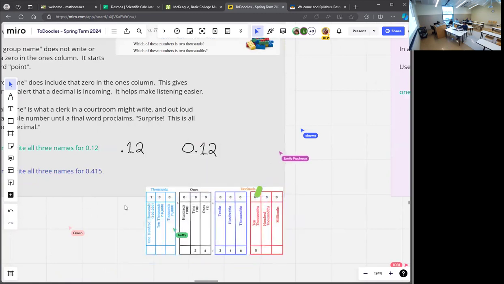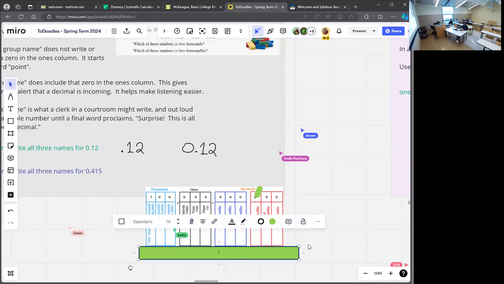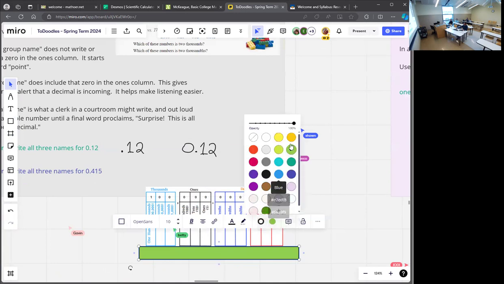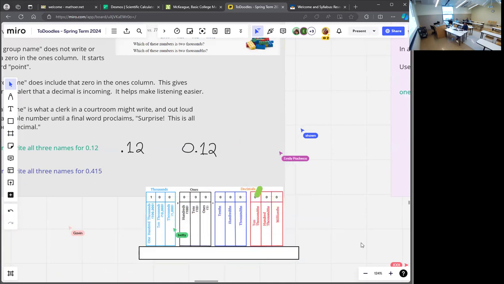What you do is you write the decimal, 0.12, and you pick the smallest place value, in this case the hundredths. And that's the one you say. So I would say this is 12, because it looks like a 12, but it's not 12 ones, it's 12 hundredths.